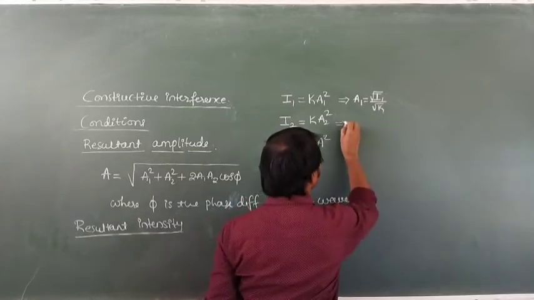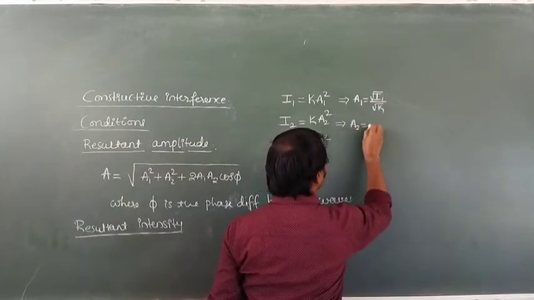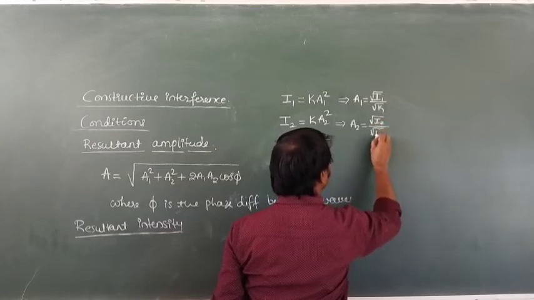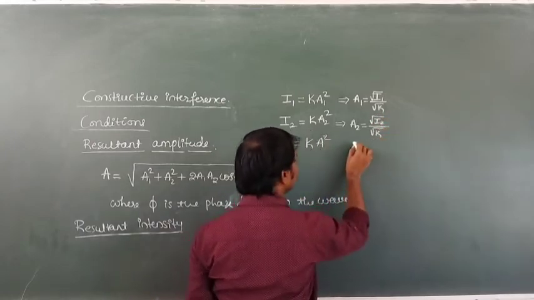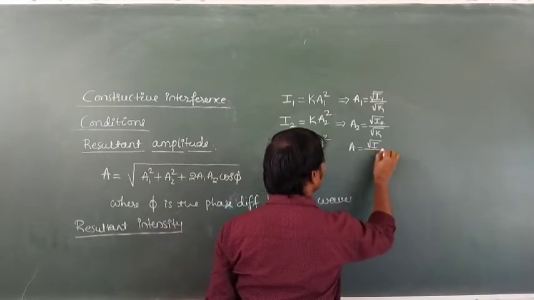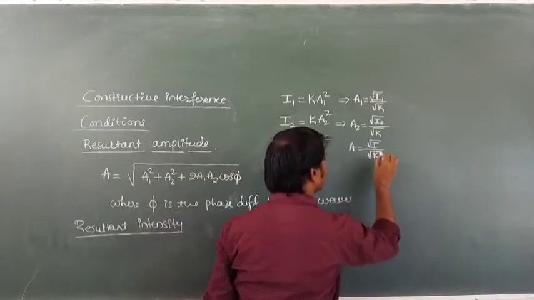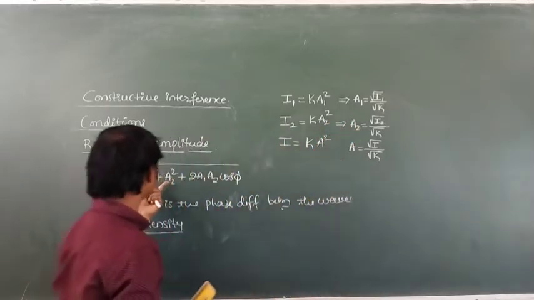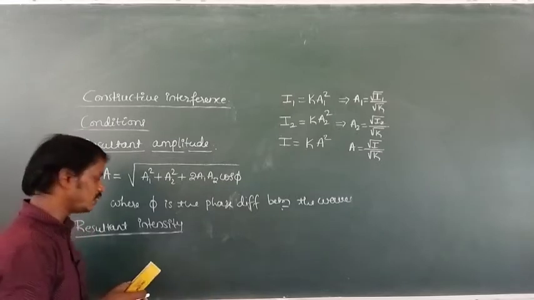Then A2 is equal to square root of I2 divided by square root of k. And what about A? A is square root of I divided by square root of k. Now putting these in this equation, we will get the resultant intensity.